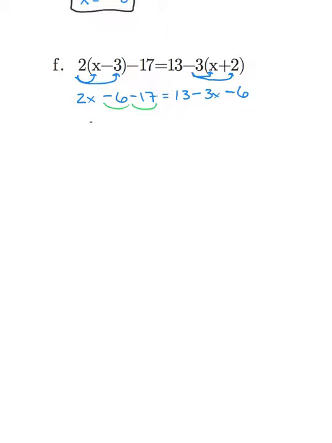We get 2x minus 23. We have same signs, so we're going to add and keep the sign. On the right side, I can combine 13 and negative 6. So we get 7 minus 3x, or negative 3x plus 7. Either one would be considered acceptable.